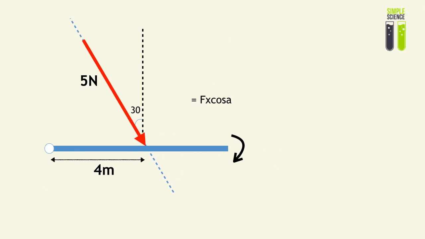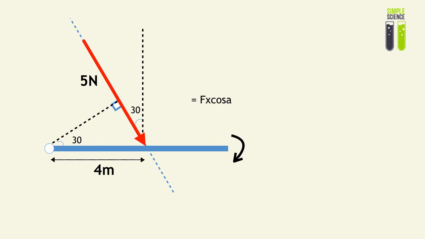Now let's look at a force acting at an angle. Remember, the moment of a force is equal to force times distance times cos of the angle from the vertical. Remember, the x cos A is basically the perpendicular distance of the line of action from the pivot. So basic trigonometry says that is the length that we need to find out.